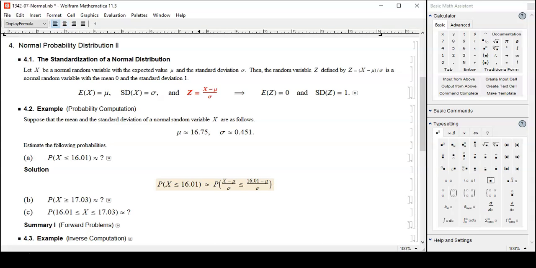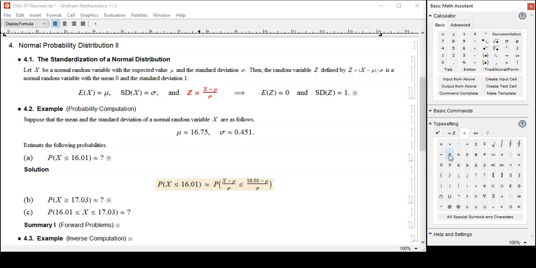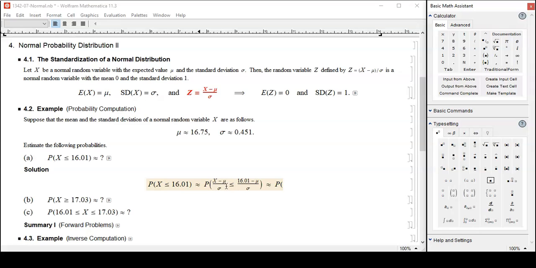Did I change anything? No, not really, because I subtracted mu from both sides of the inequality and divided by sigma, a positive number, from both sides of the inequality, so nothing changed. So this inequality and that inequality are the same, so of course the same probability.